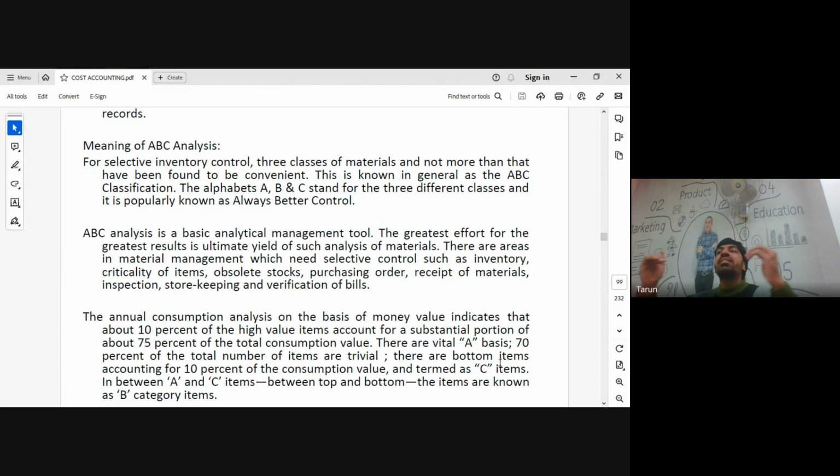So this is the classification that has been made: A for the 70%, B for the 20%, and the C would be the 10% of the overall consumption value of the items.